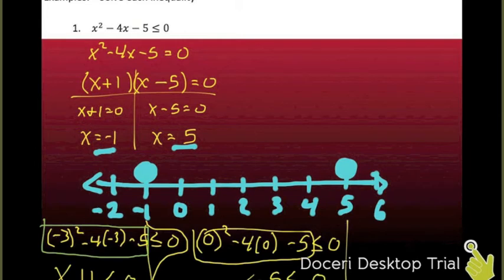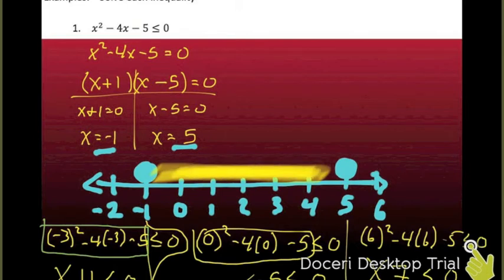And then you pick a number above like 6, so 6 squared minus 4 times 6 minus 5 is less than or equal to 0, and that again will give you a large number like 7, which is not less than or equal to 0, so we don't shade there. So for this section, you would shade right in between negative 1 and 5, with both end values being included.